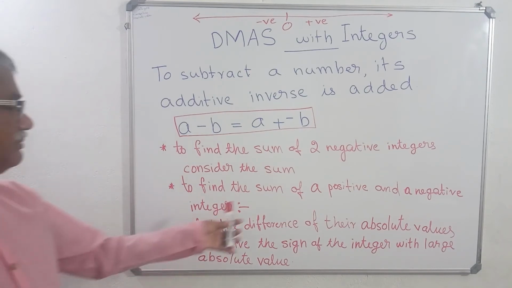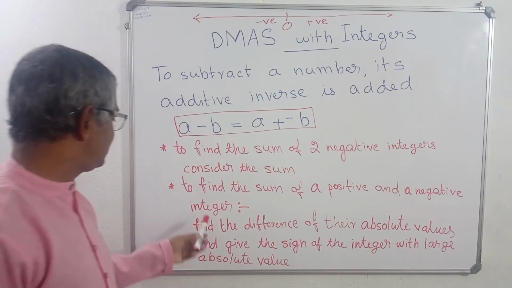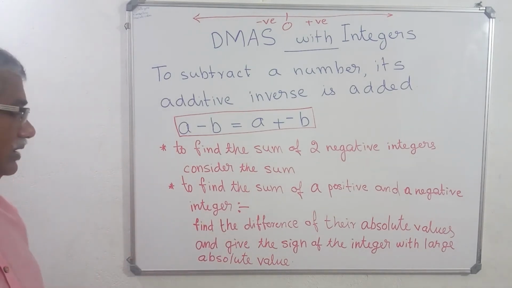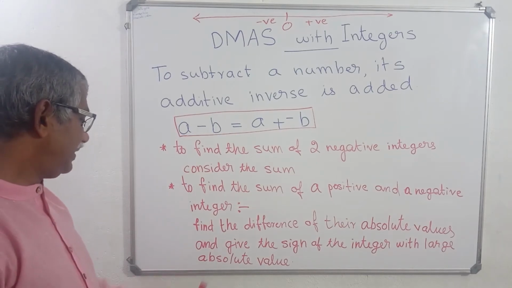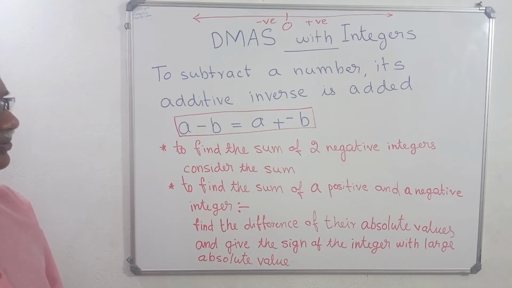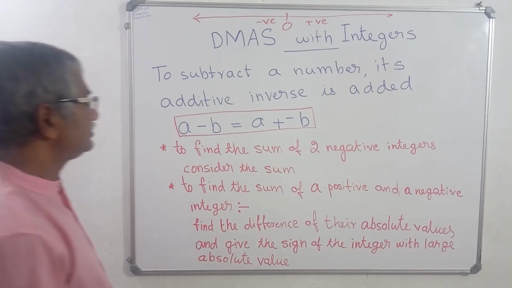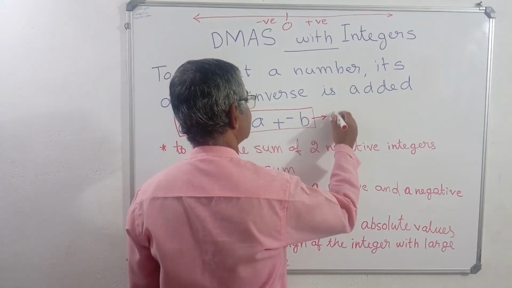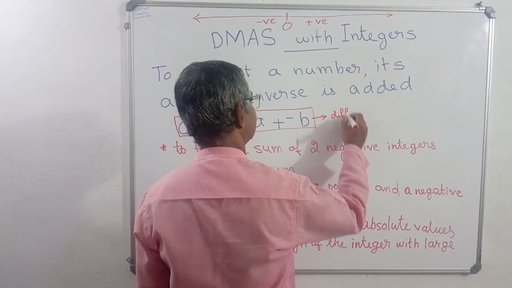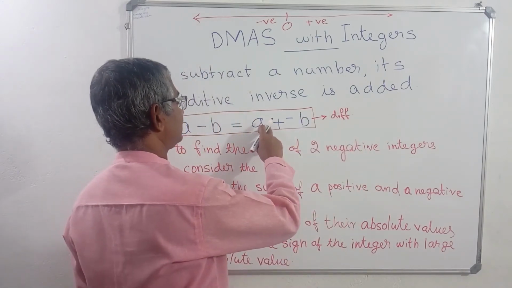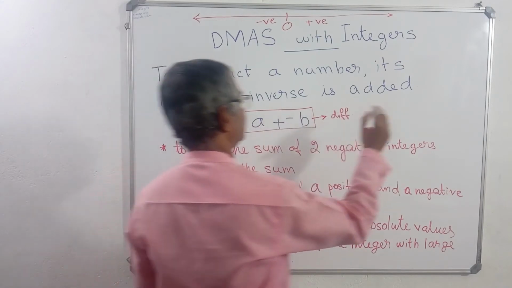To find the sum of a positive and a negative integer, find the difference of their absolute values and give the sign of the integer with the larger absolute value. So here we are considering the difference, because one is negative and the other is positive.